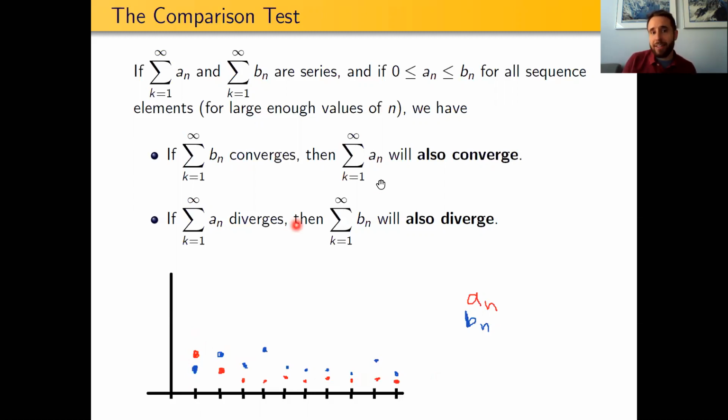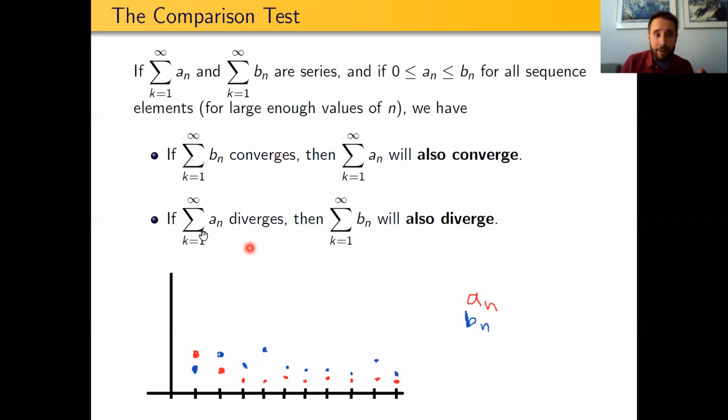What that means then is that if the infinite series b sub n converges, that means that adding all of these values up gives us a finite number, then a sub n, where all of these values are necessarily smaller, closer to 0, will also converge because we're adding up things that are smaller than they were for b sub n, and we already know that b sub n added up to a finite number. Therefore, our a sub n terms will add up to a finite number, and therefore a sub n will converge.